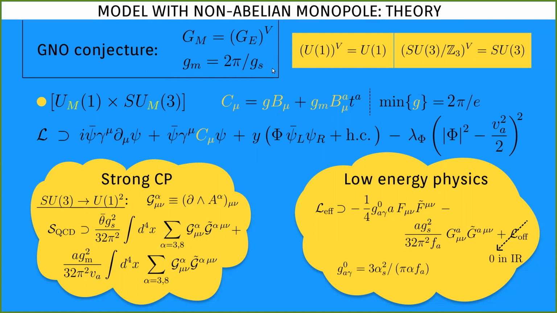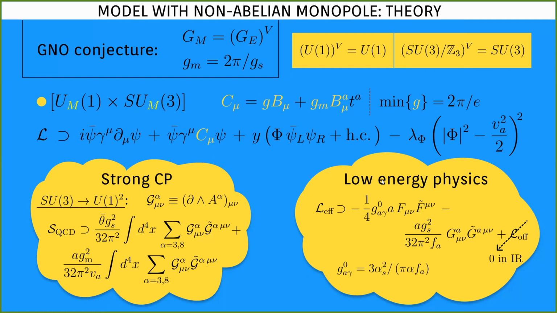So here it's the strong theory, and for U1, the magnetic group is the same, and for SU3, it's the same modulo some discrete group factors. So now we introduce the magnetic monopole, which is Abelian and non-Abelian, and so it transforms under the SU3 magnetic group.